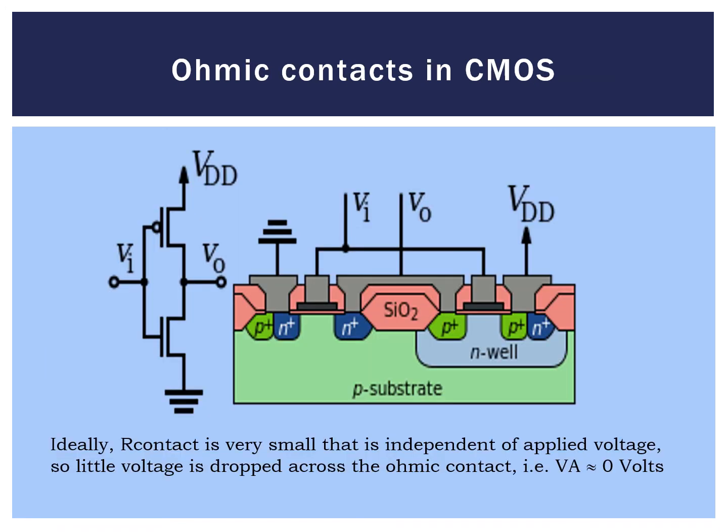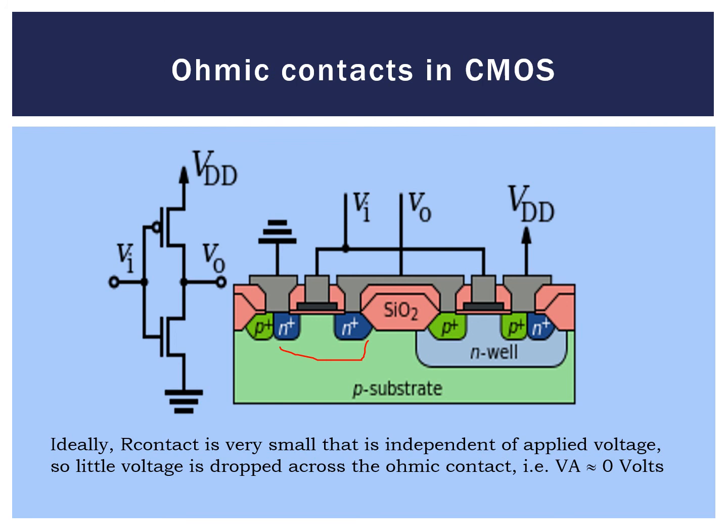Ohmic contacts in CMOS. Now this is the CMOS inverter cross-sectional view, and you can find here the source and drain for the NMOS because it is in a P substrate, and these are the P plus contacts for the PMOS transistor, which is in the N well.